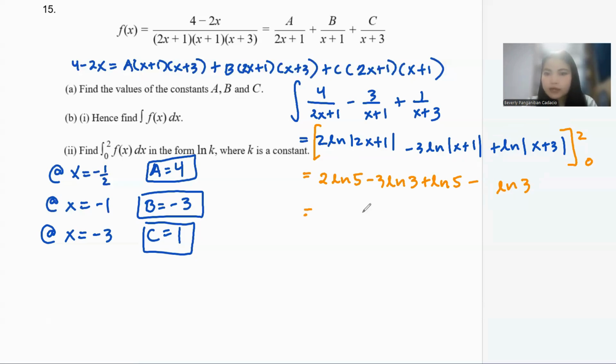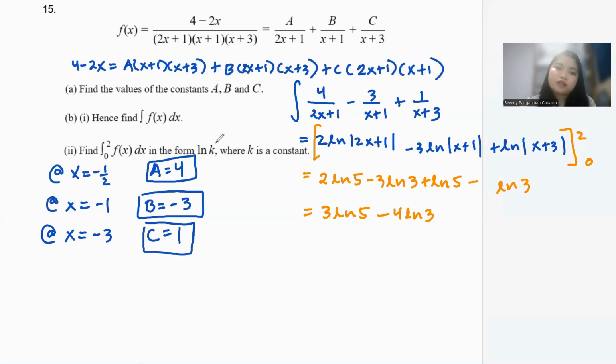And then I can combine everything. 2 ln 5 plus ln 5, we're going to have 3 ln 5. And you have negative 3 ln 3 minus ln 3. Then I'm going to have minus 4 ln 3.